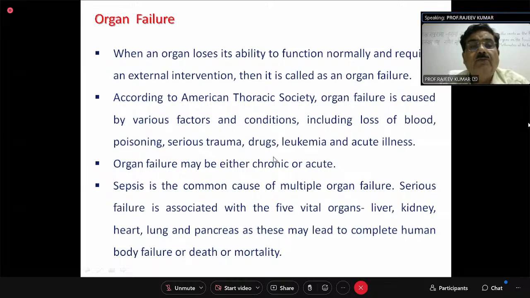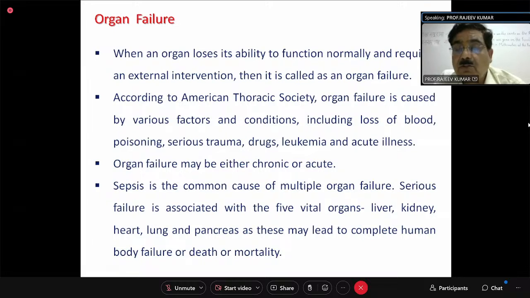So organ failure sometimes involves an internal problem or some external interventions also. Organ failure may be chronic or acute. Earlier we talked about the disease. The disease can be chronic or acute. Accordingly, the organ failures may be chronic or acute depending upon the kind of disease it has or the aging.